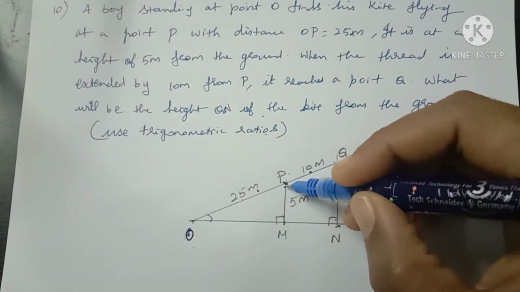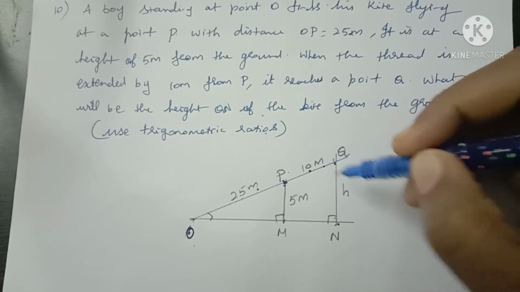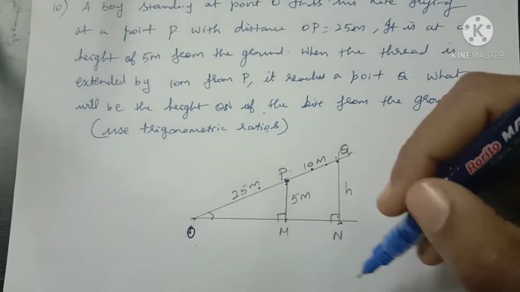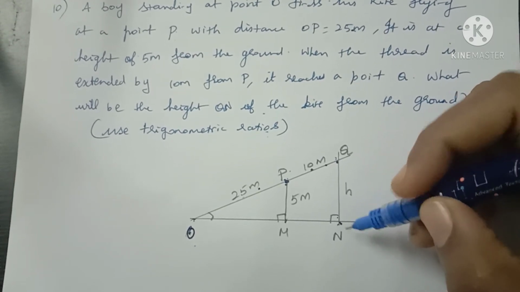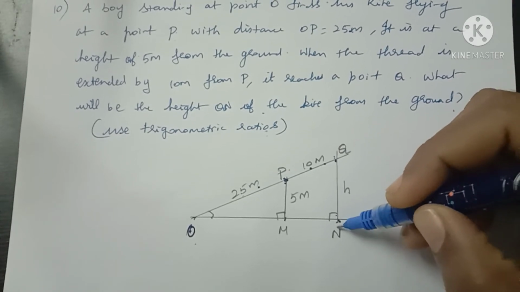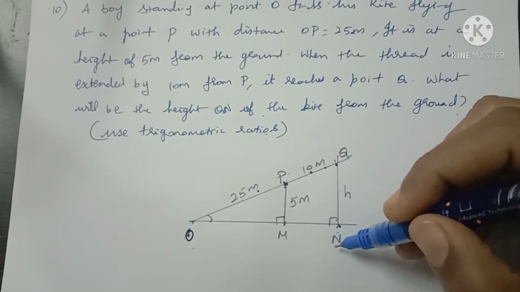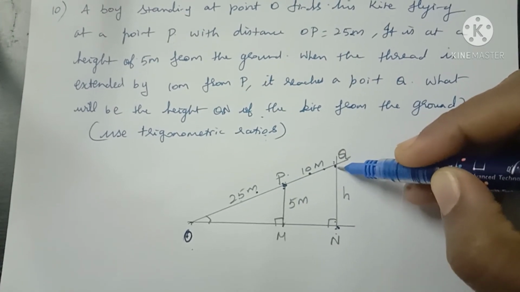When the thread is extended from P to Q, 10 meter, what will be the height of the kite from the ground? That is, they ask you to find the height of the kite when it is extended by 10 meter.